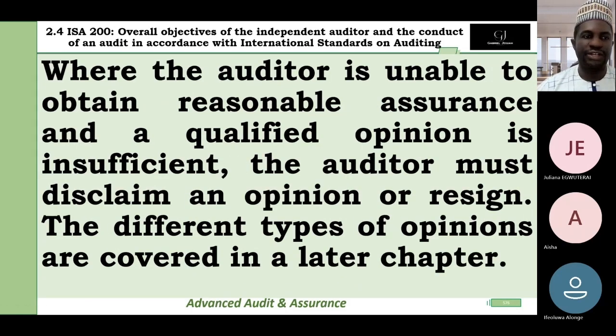So where the auditor is unable to obtain reasonable assurance and a qualified opinion is insufficient, the auditor must disclaim an opinion or resign. The different types of opinions are covered in a later chapter.